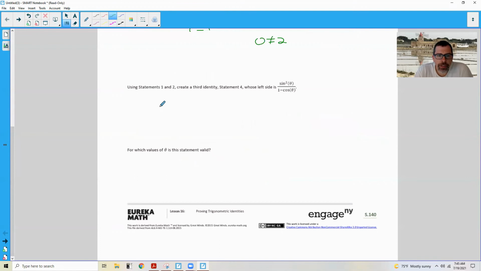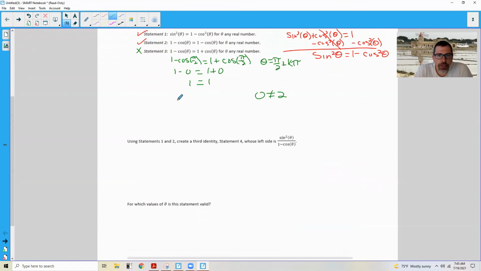Okay. Now it says using statements 1 and 2, create a third identity, statement 4, whose left side is sine squared theta over 1 minus cosine theta. So we simply start with the left side being sine squared theta divided by 1 minus cosine of theta. Okay, there's our left side, equals.